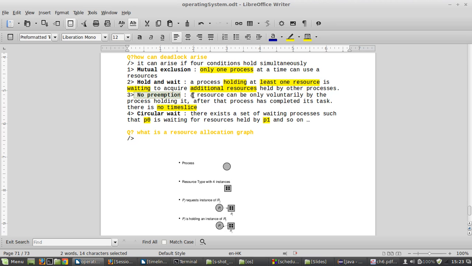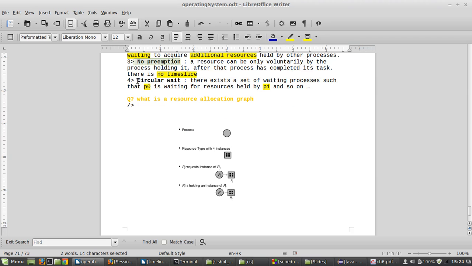Also in a no preemption situation deadlock arises, like if there is no time slice for the particular process to complete its task. The resources will only be released voluntarily after the task is completed. So in this situation also deadlock can arise.